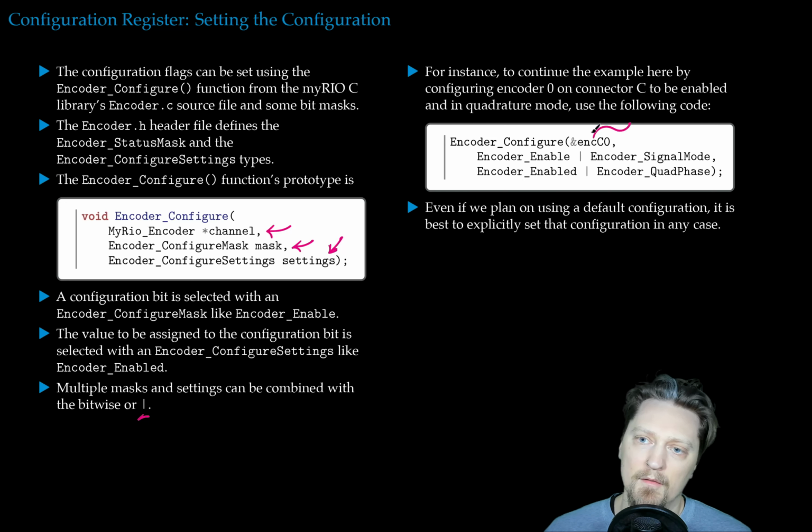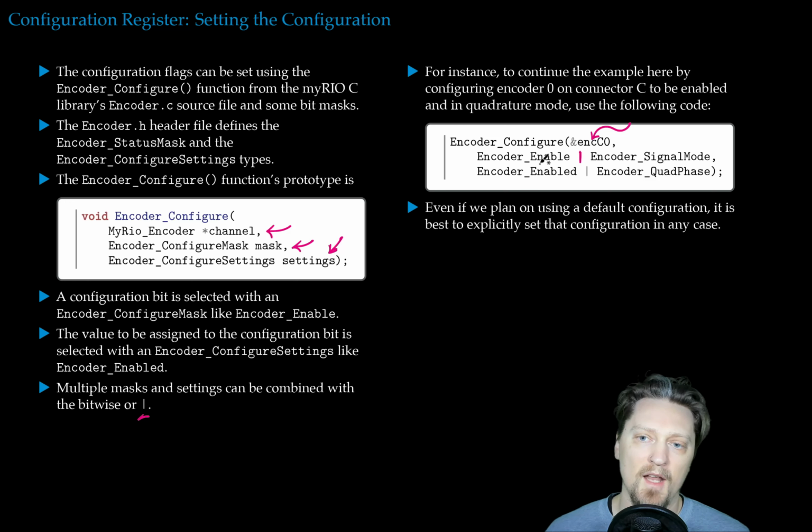So this is the MyRio encoder type that we declared. We declared it to be the C0 encoder. So we passed that here, the address of that, as the first argument. Then we say these are the configuration bits we want to set. So encoder enable or encoder signal mode, which is to say these are the two settings we would like to set.